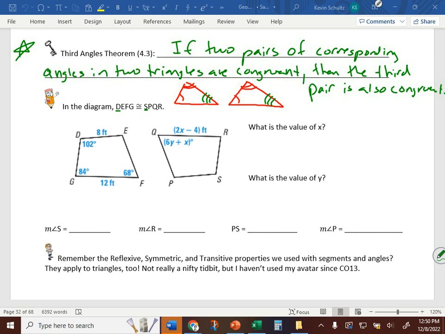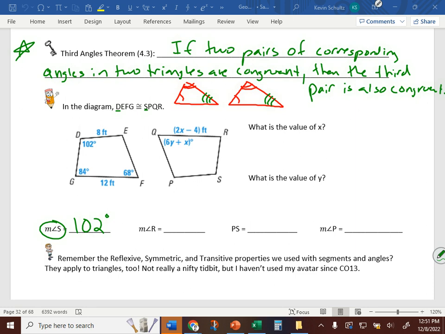So when I ask you to find angle S down below here, if you know what angle D is, because you know D corresponds with S and D is 102, you know S is 102, right? Because the two figures are congruent, therefore their corresponding parts will be congruent as well. And because of that position of D and S in the congruency statement, you know that they are two angles that correspond. So if you know one's 102, the other one's going to be 102 as well.